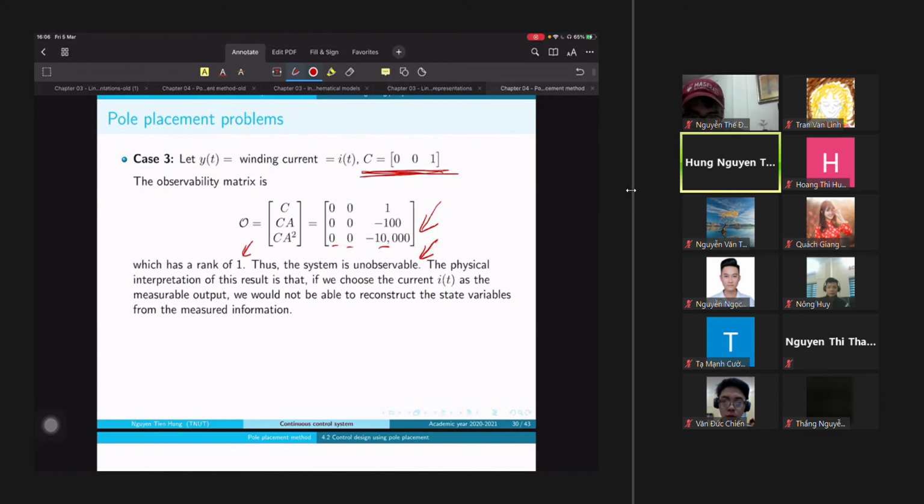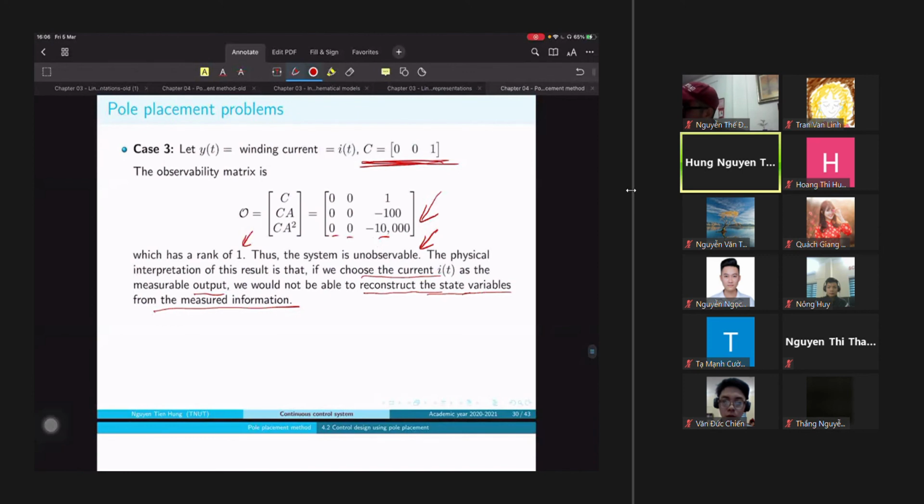The physical interpretation is that if we choose the current i(t) as the measured output, we would not be able to reconstruct the state variables from the measured information. In other words, you cannot design an observer if you have only the current. You still remember the observer?